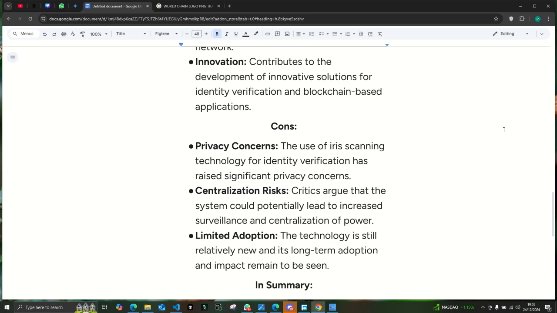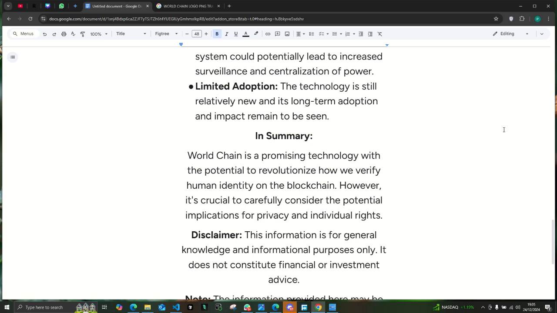In summary, WorldChain is a promising technology with the potential to revolutionize how we verify human identity on the blockchain. However, it is crucial to carefully consider the potential implications for privacy and individual rights.